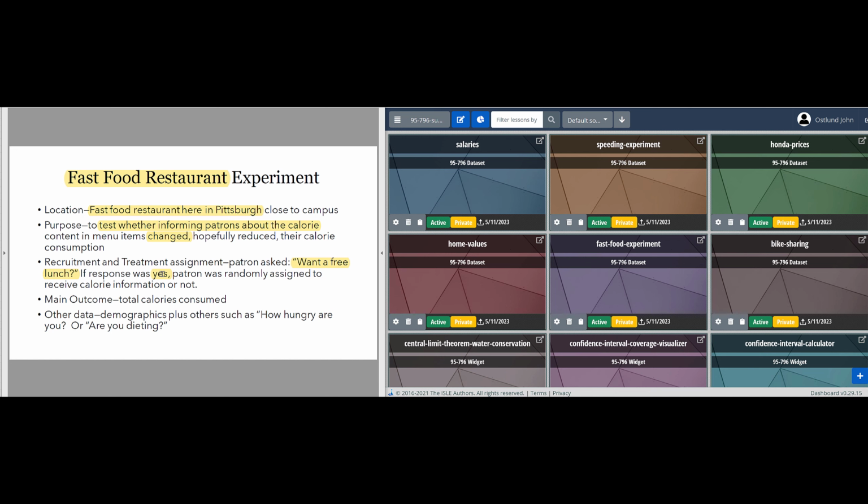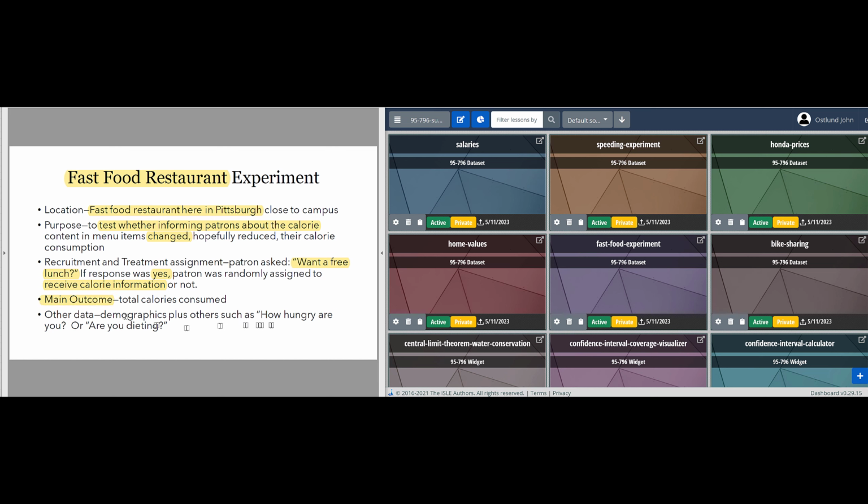So anytime someone said yes, then randomly that person was either given calorie information about what was available in Subway or not. All right, flipping an invisible coin, whatever. People were just chosen at random to receive the calorie information or not.